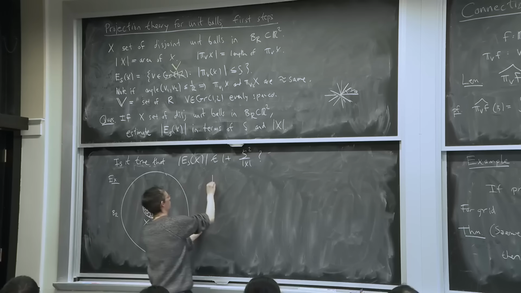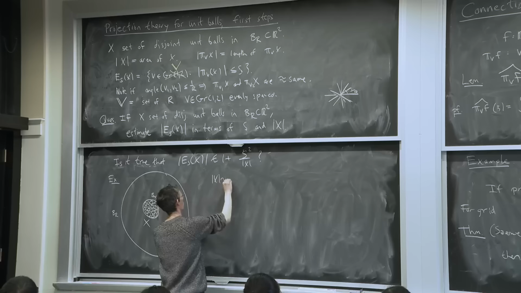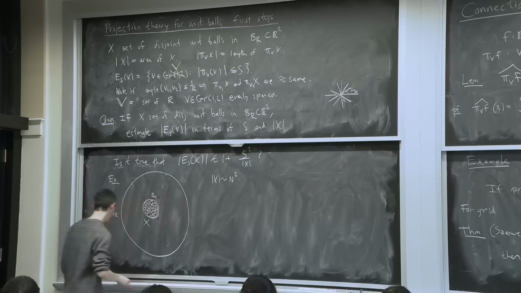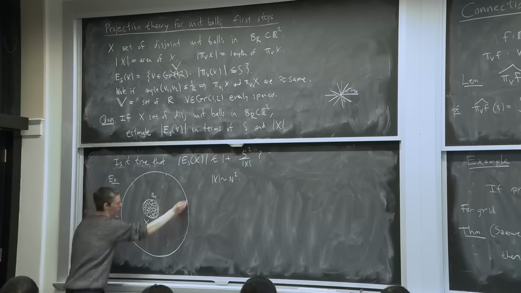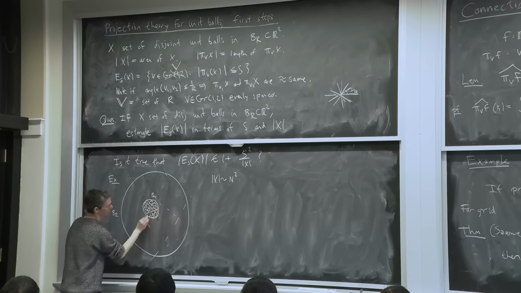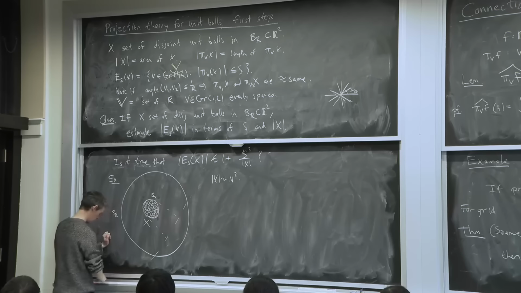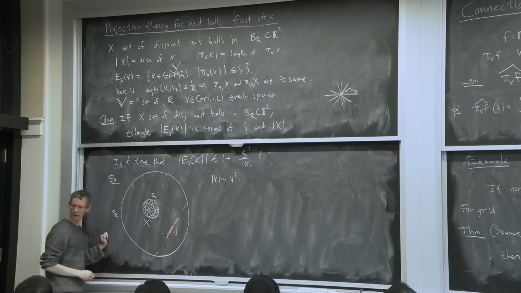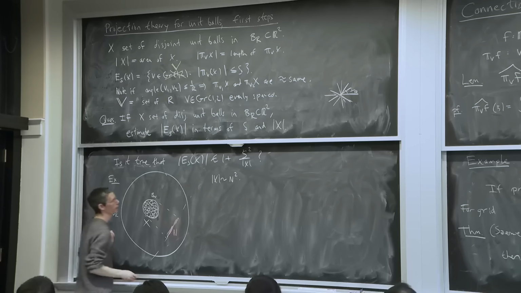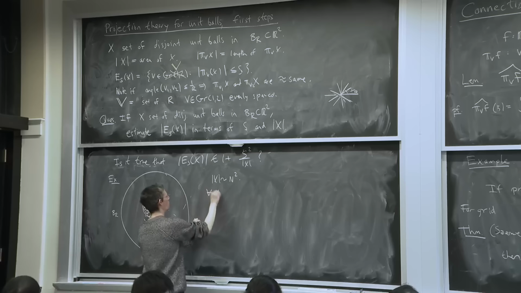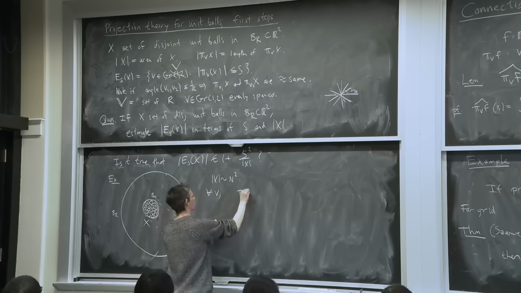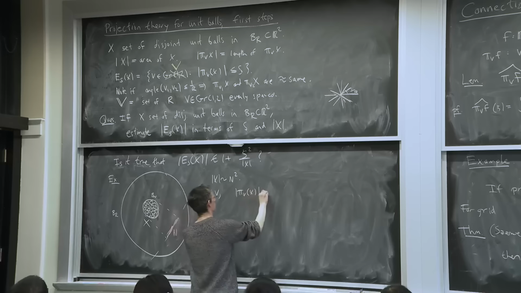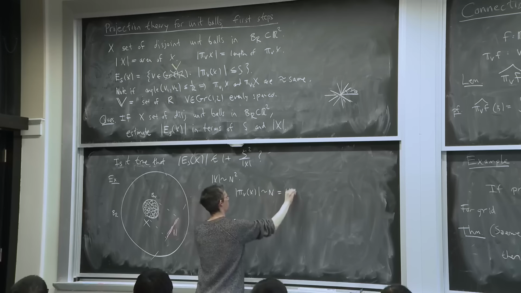All right. So the area of x, or the number of unit balls, is around n squared. And no matter what direction I project this thing in, it's going to kind of fill in an interval of length about n. So for every v, I'm going to have pi_v of x around n, which is |x| to the 1/2.